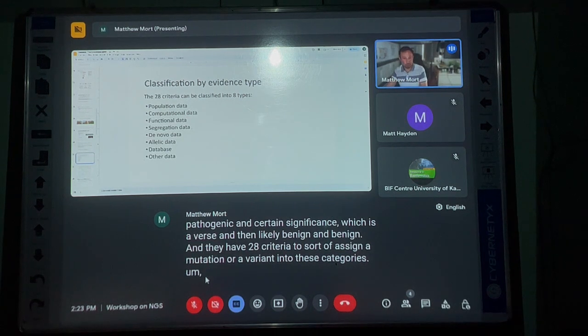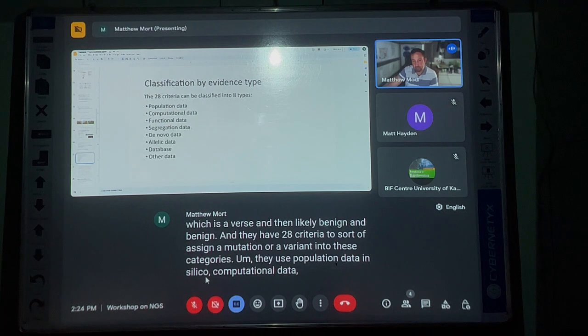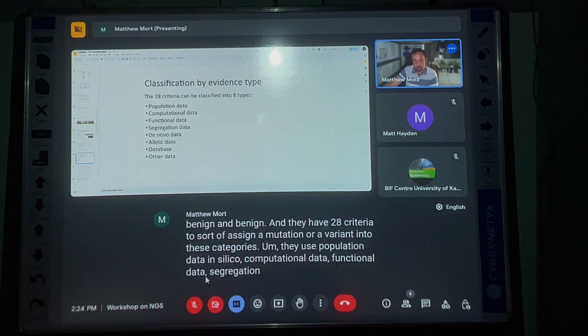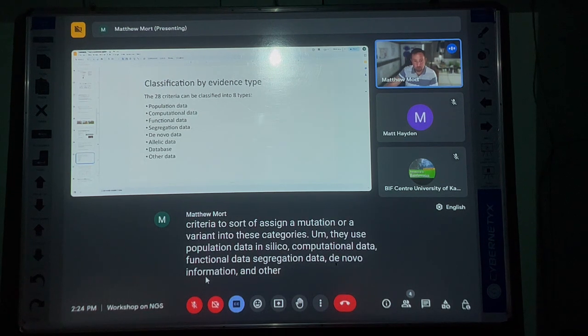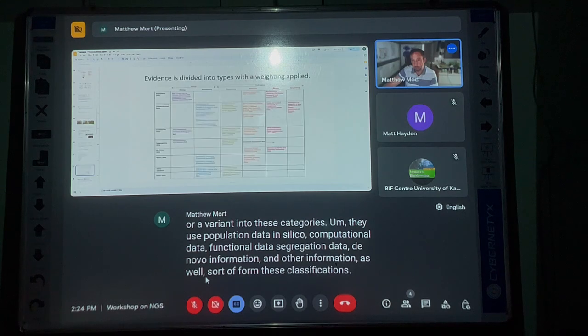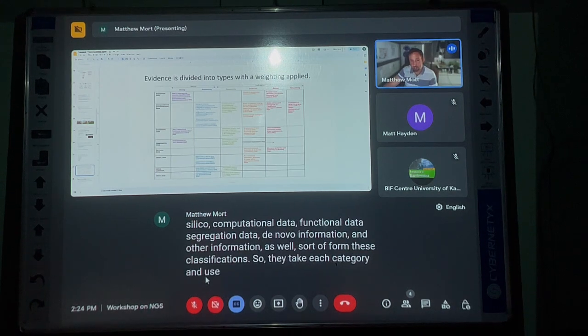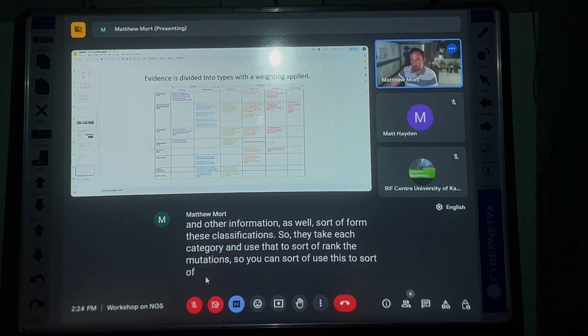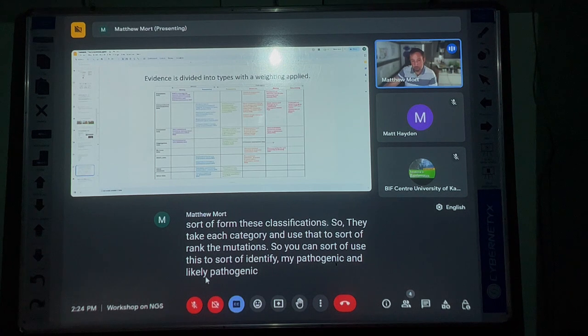They use population data, in silico computational data, functional data, segregation data, de novo information, and other information as well, to form these classifications. They take each category and use that to rank mutations. So you can use this to identify the pathogenic and likely pathogenic mutations from my exome.